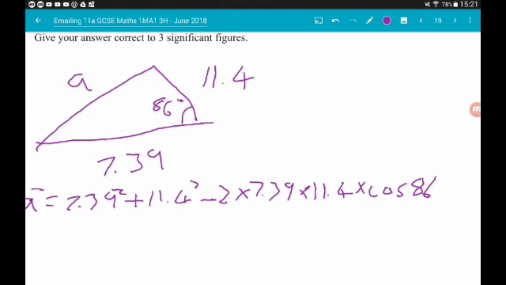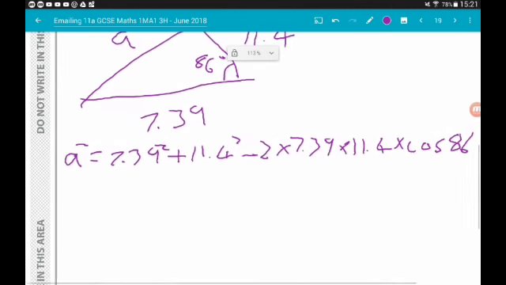So, if we put that loveliness into our calculators, then we are going to get 172.8.